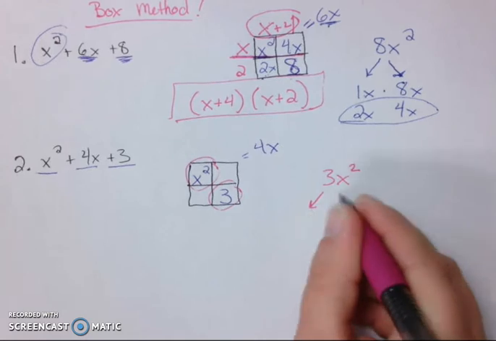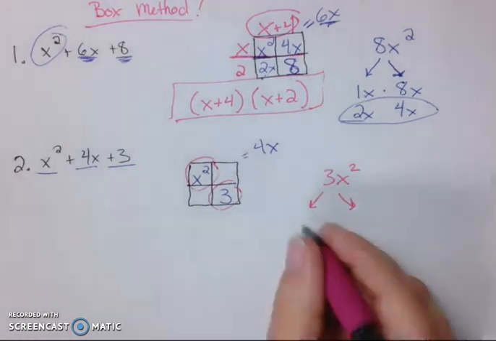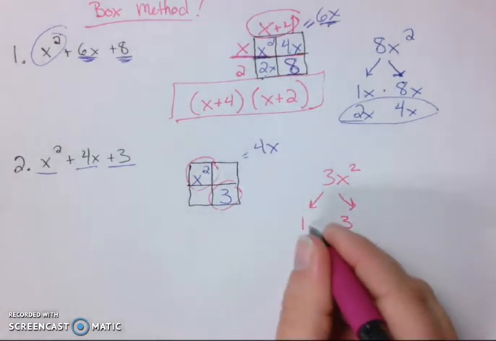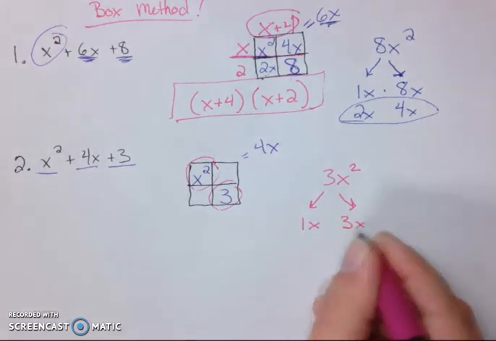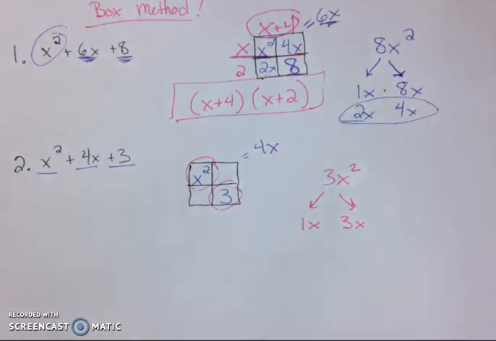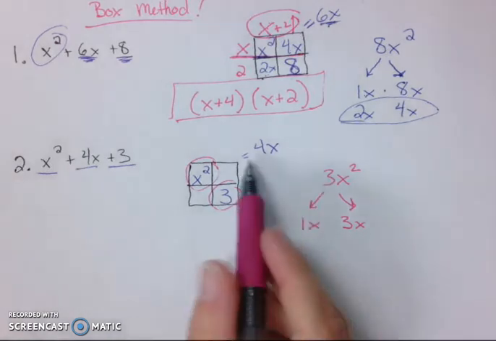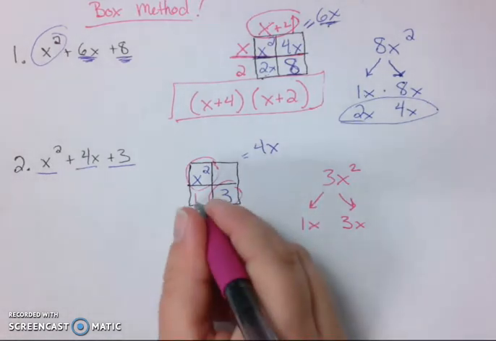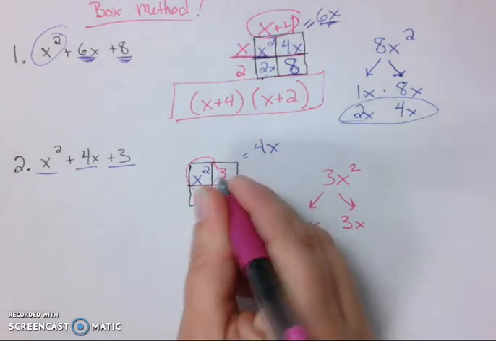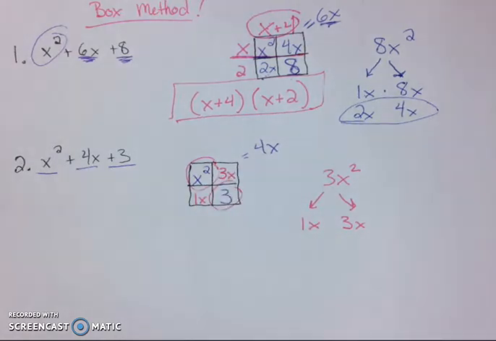Now think of factors. 1 times 3 is 3, and add the x's, because x times x to get x squared. And that's all the factors of 3. And they do add to 4. So 1x, 3x here. So that worked out. There's only one choice. That helps.